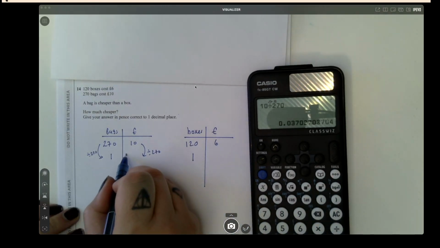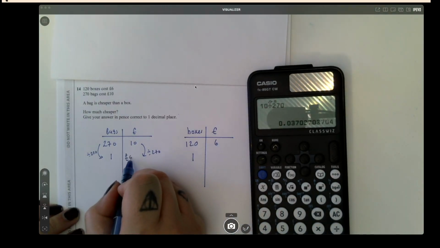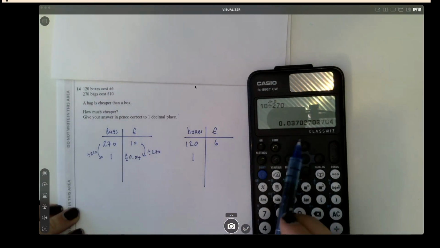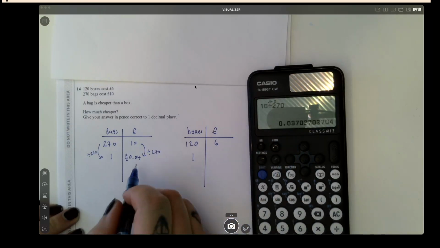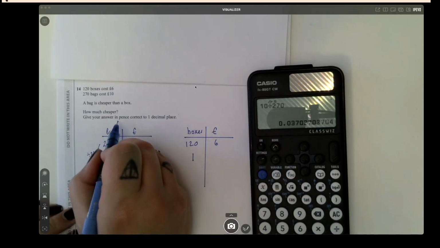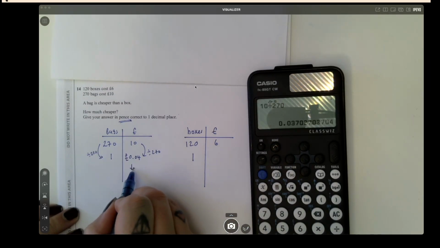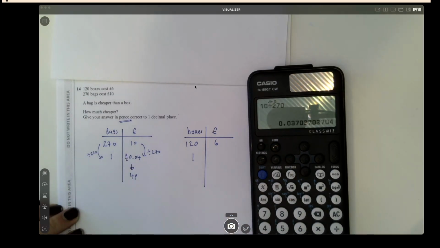So that's in pounds, remember, 0.04, to 2 decimal places because it's money. We want our answers in pence, so that is actually 4 pence per bag.